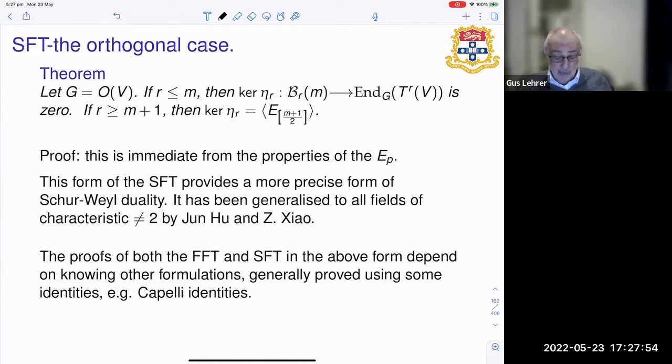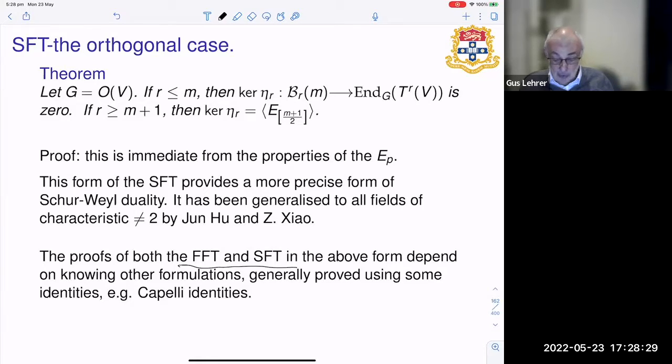Now, I should say that the proofs of both the first fundamental theorem and the second fundamental theorem in the above form have traditionally depended on knowing some other formulations which generally are proved using identities, such as the Capelli identities, which on the face of it have no connection whatsoever with the problem at hand.